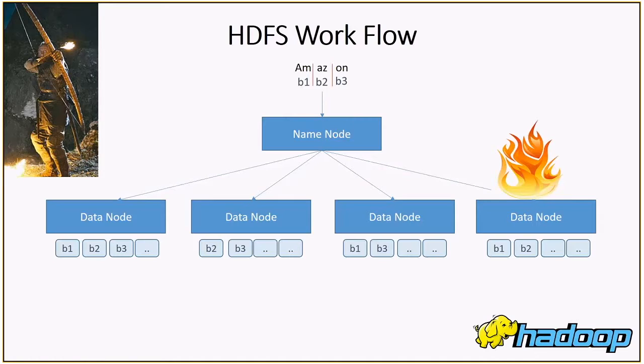But as you can see, there's still 1 and 2 on other data nodes, and 2 and 3 there as well. This is a replication of 3. So even if the fire spread, due to his negligence, he didn't get a fire extinguisher, we can still read the Amazon data. Even if it didn't spread, but this guy shot another arrow, we can still read the data, 1, 2, and 3.